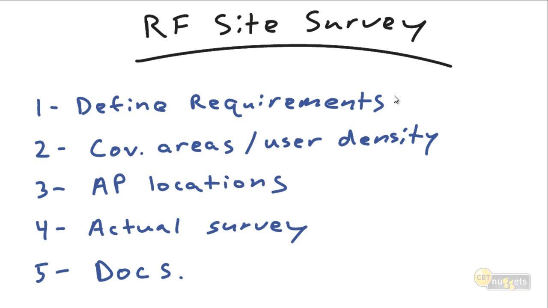But be careful. Before we can complete this design for our customer, we want to do a radio frequency site survey. We want to first look at the requirements of the particular customer. What exact sites do they want covered? What are the levels of service that they expect?